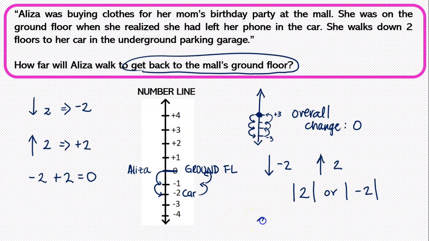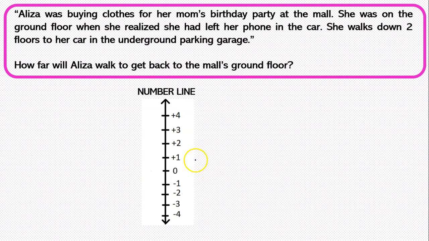And when we combine -2 +2 or +2 -2, the answer is going to be 0 because there is no change in her position, right? So that means that whenever we have a negative number like -6 and we add the same number but its opposite, our answer is going to be 0.